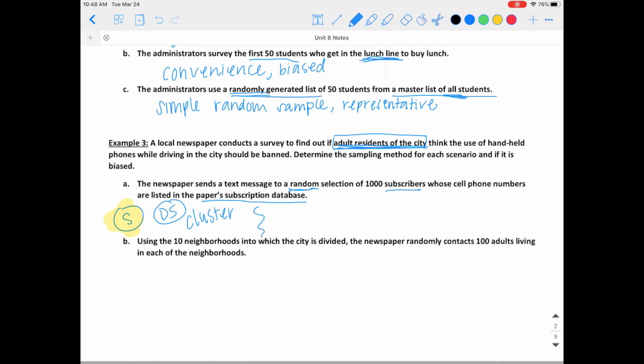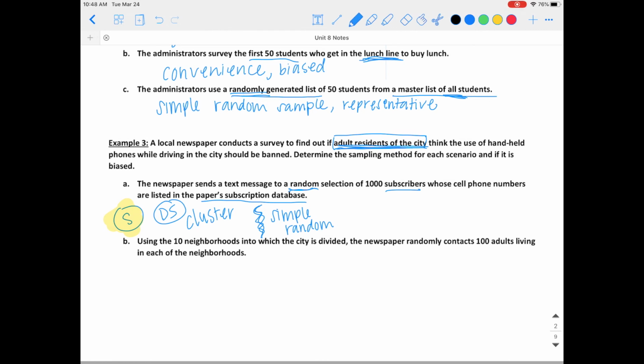Or if you thought about the population as people who subscribe to the newspaper, then maybe you would think of this as a simple random sample, because they're just randomly picking people from the list of their subscribers. It kind of depends on how you identify the population, and some of these can have multiple answers depending on how you think about it.